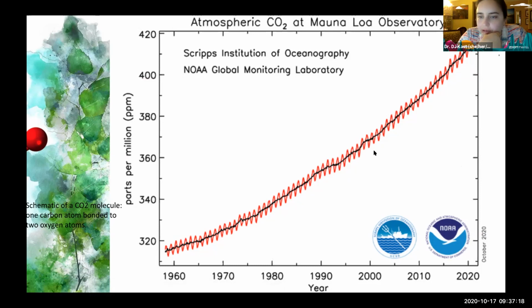And then Brooke, can you tell me what you mean by the going up and down of the red line and what you think that is? So I think the red line is like their actual data. That's like their recorded data. So that's like by year, it goes up and down, like there's a pattern there. But then the black line is like the overall trend over, how many years is that? 60? Yeah, I think that's 60 years.